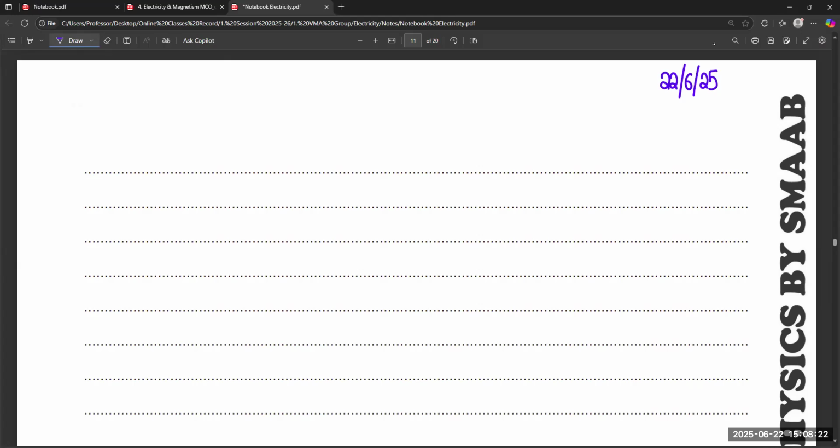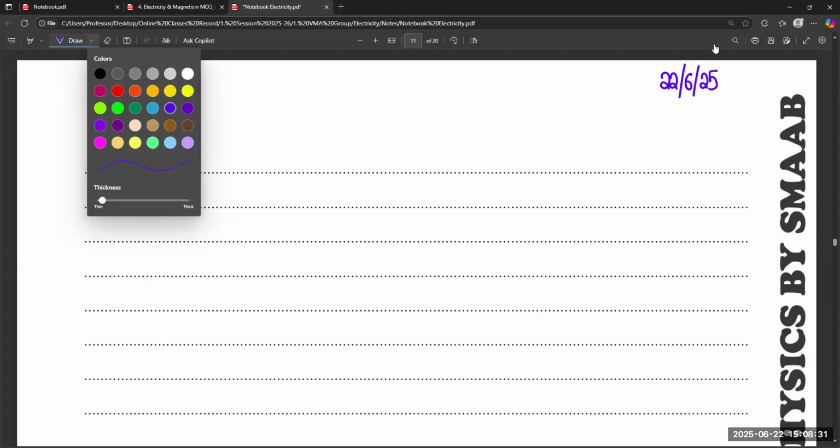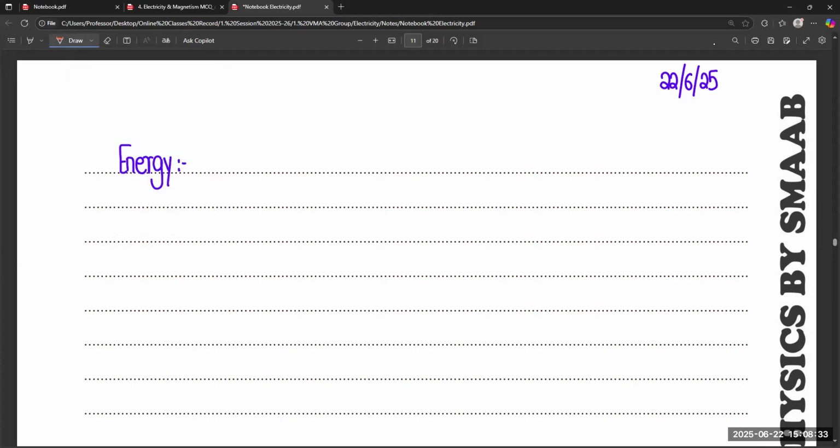So if we talk about electrical energy, the concept of electrical energy is also the same, ability to do work. So the formula is important. For electrical energy, we use the formula E equals VIT.